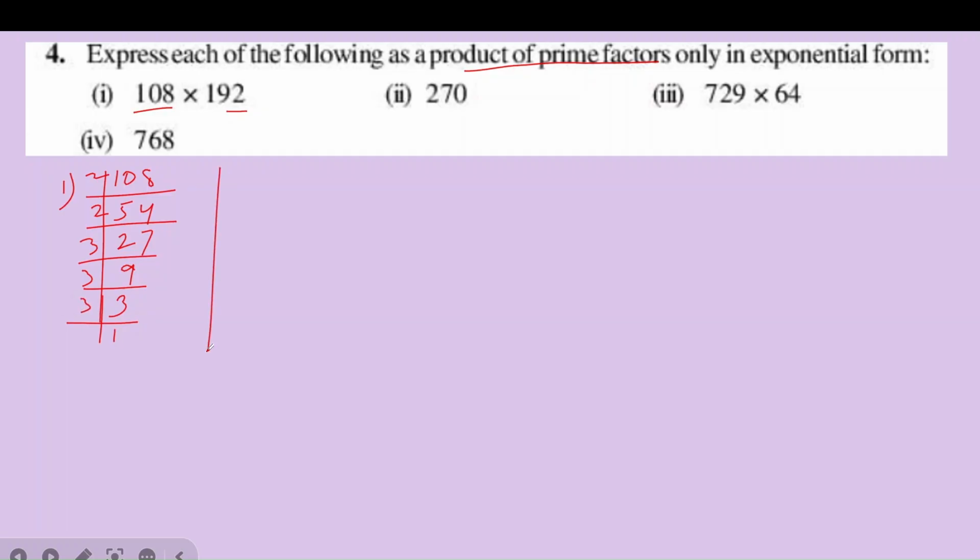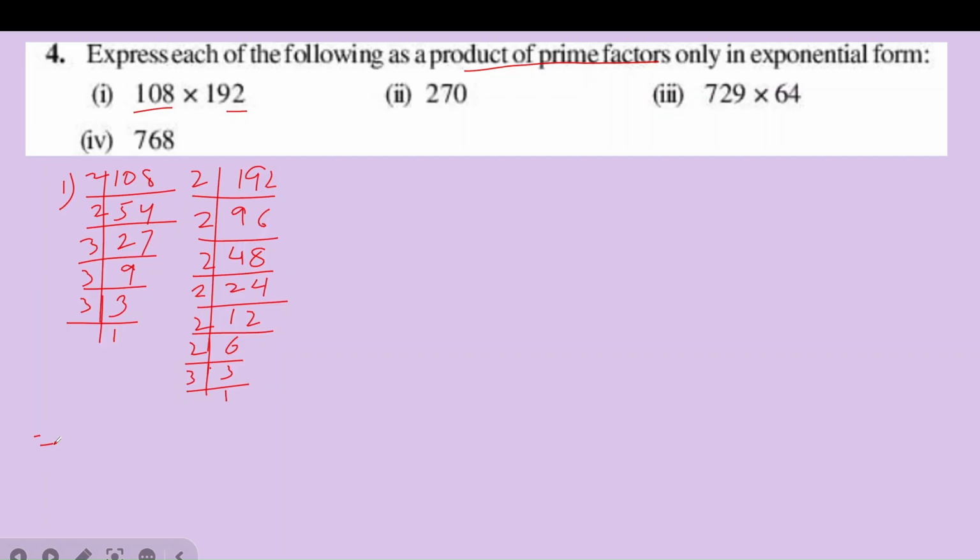And 192 is an even number. I'm using the divisibility rule of 2 because every number is ending with an even digit.